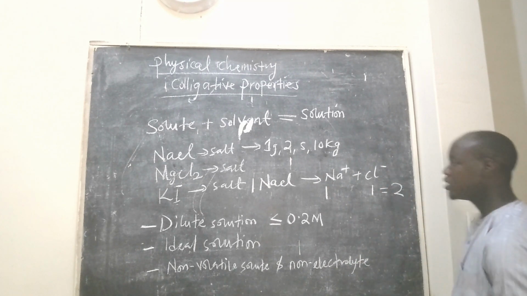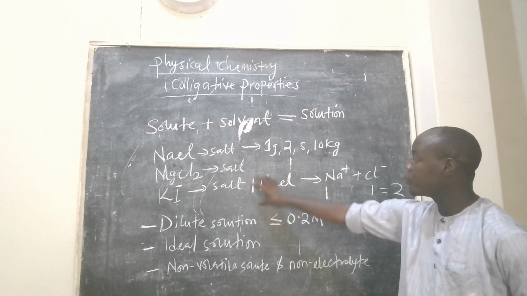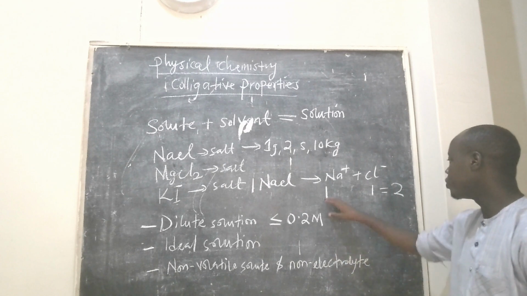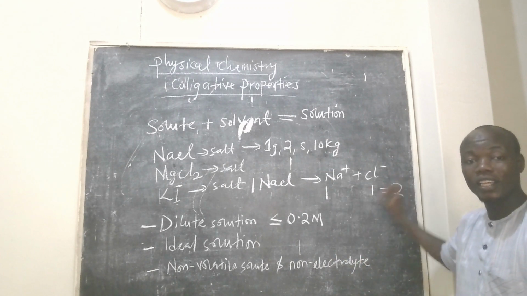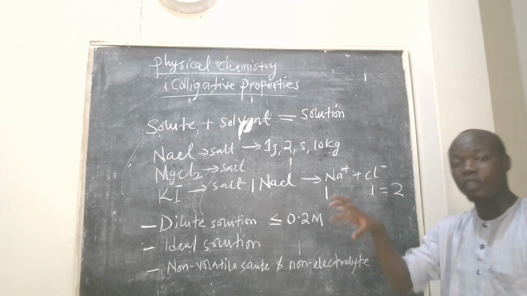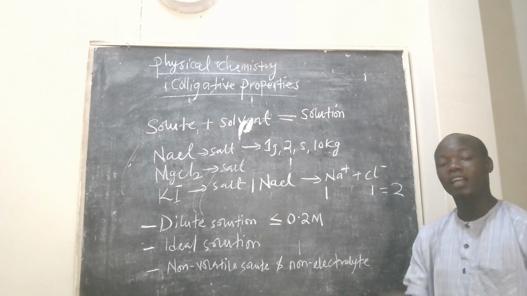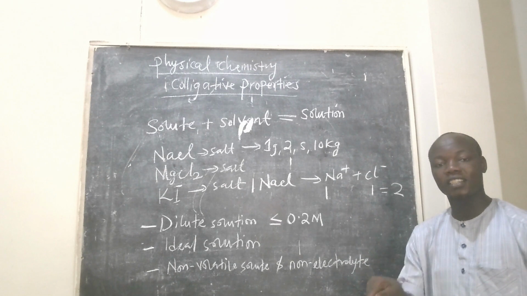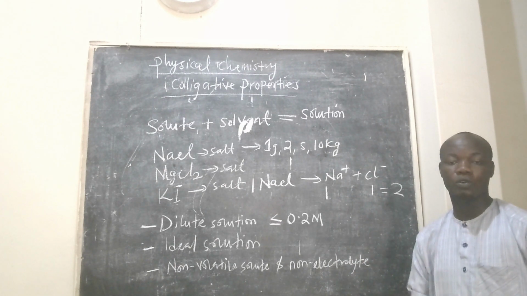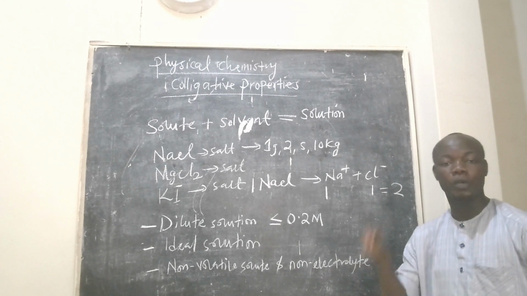So it means that there is dissociation. Here you have one molecule and it is now dissociated to produce two molecules. So you see that in this case, the number of solid particles increases due to this ionization. And remember that colligative properties increase with an increase in the number of solid particles, or with an increase in the amount of solid particles.